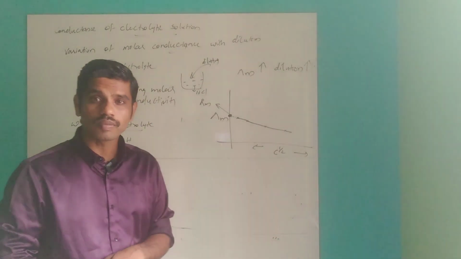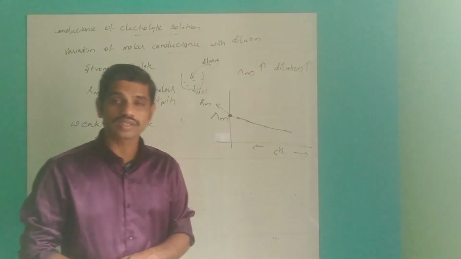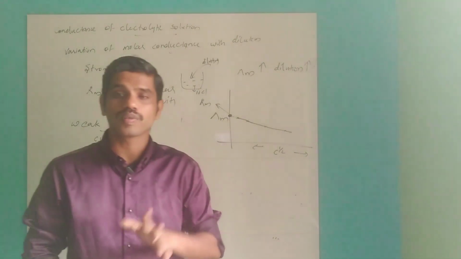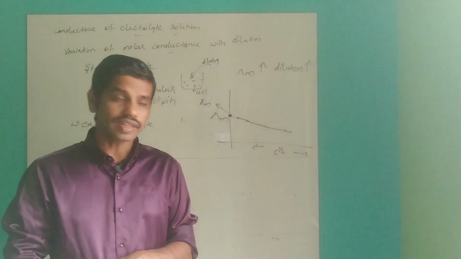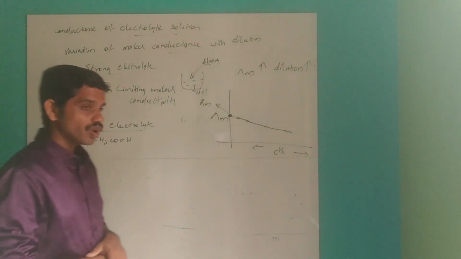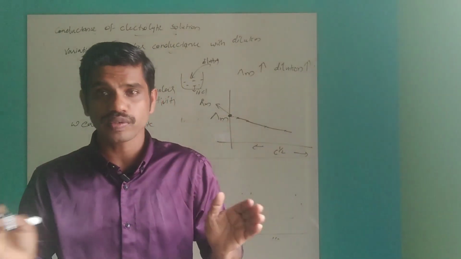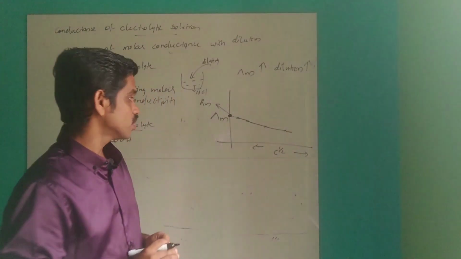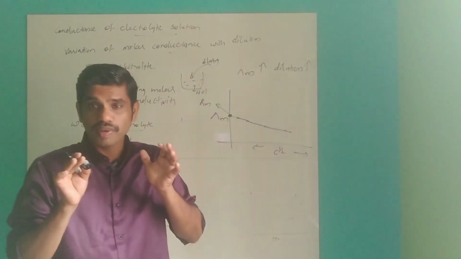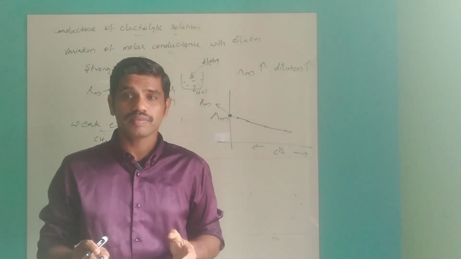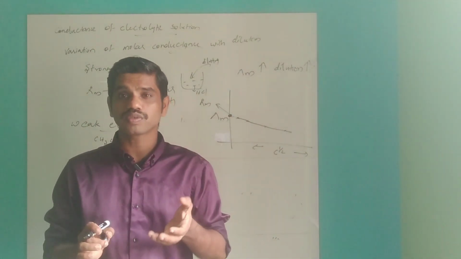Then what will happen? Will molar conductivity increase or decrease? It will increase. Why? Because when you are diluting, more number of ions will form. Here it is not depending on the volume. Conductivity depends on volume, but here it is 1 mole only.